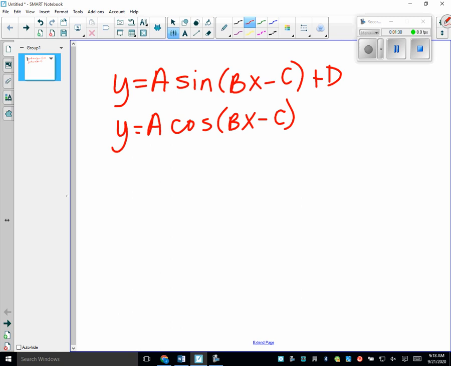I was just trying to stay consistent. This is the equation now. It will not change from this point forward. This is all the letters that go in it.